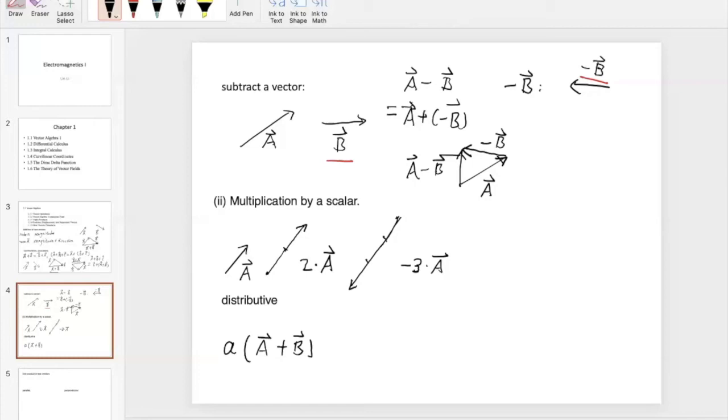However, due to the distributive feature, you can write it in another form, which is a times the vector A plus a times B, and sum them up. This is distributive.